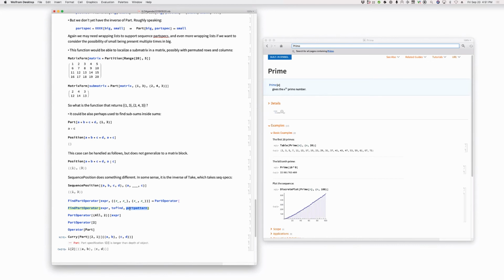Why not? If it's a sequence, I preferred the part operator. If it's a sequence, yes. But look, the alternative would be to have find part, and that returns a list. Oh boy, which you'd then have to say part operator of that list applied to the thing. You couldn't give it to extract because extract does something different. Right, exactly.